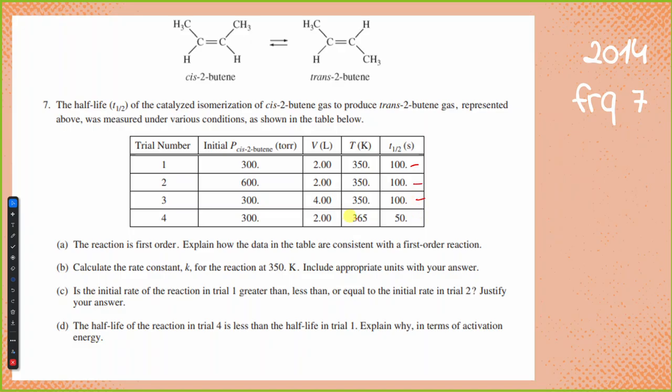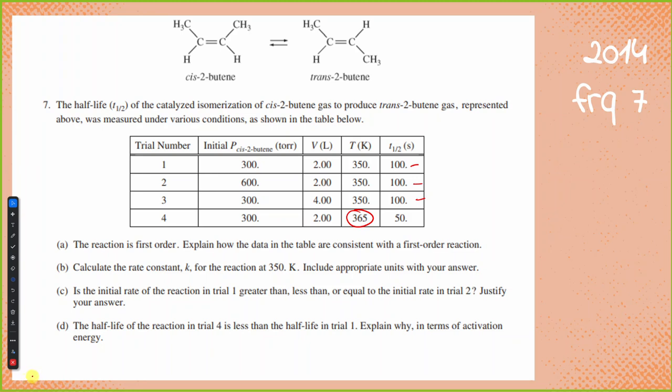The only thing that gets changed here for this one is the temperature. So therefore, that looks like why the half-life might be affected, because the temperature would change the rate constant, and the rate constant then would change the half-life, I suppose.